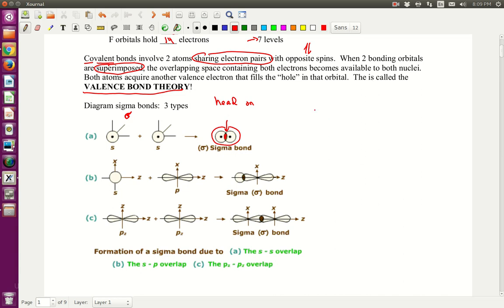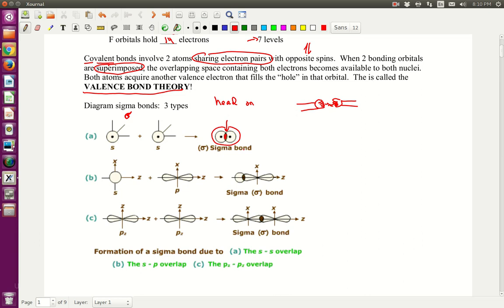If I could draw it, I'm really horrible at being an artist. Okay, here's a hand, 1, 2, 3, 4, and 5. And here's another hand, 1, 2, 3, 4, and 5. And they come together straight on, like doing a fist bump with somebody. That's a sigma bond coming straight at each other, head on.